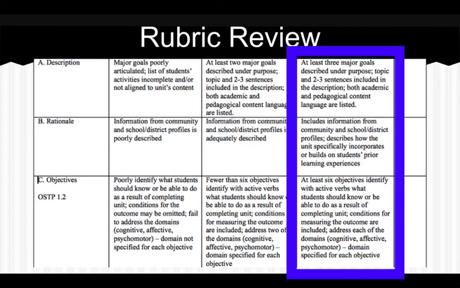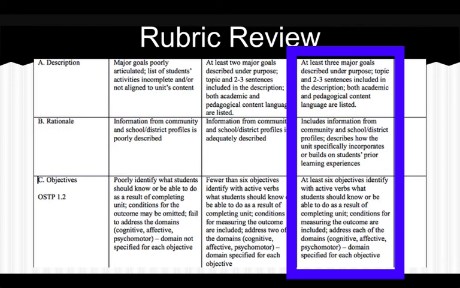If they don't meet 3 points for each category, so under description, at least 3 major goals described under the purpose, topic, and 2 to 3 sentences included in the description, both academic and pedagogical content language is listed. If they don't hit that, don't tell them where they do hit.